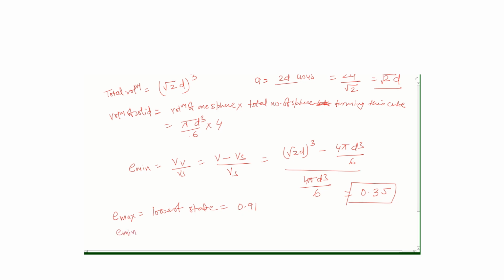And e minimum, in the dense configuration, is the void ratio of 0.35. So this is the answer of the problem that we have seen here.